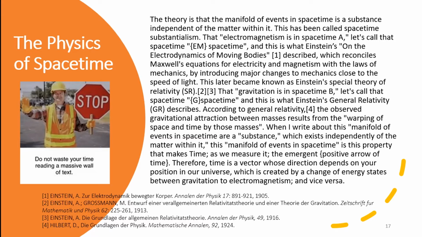When I write about this manifold of events in space-time being a substance which exists independently of the matter within it, this manifold of events in space-time is the property that makes time as we measure it the emergent positive arrow of time. Therefore, time is a vector whose direction depends on your position in our universe, which is created by a change in energy states between gravitation and electromagnetism and vice versa. Below here in the fine print are the references to Einstein's papers.